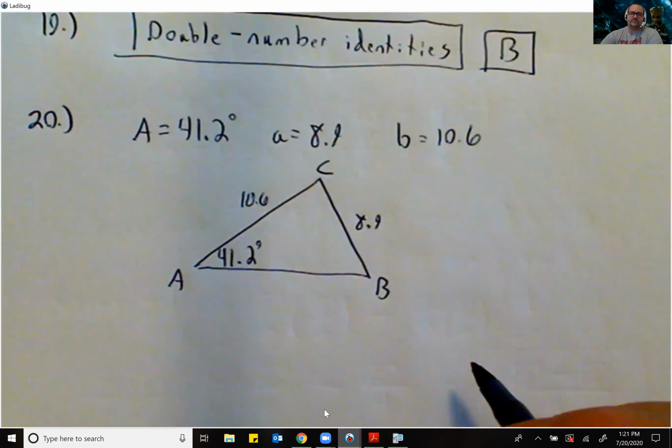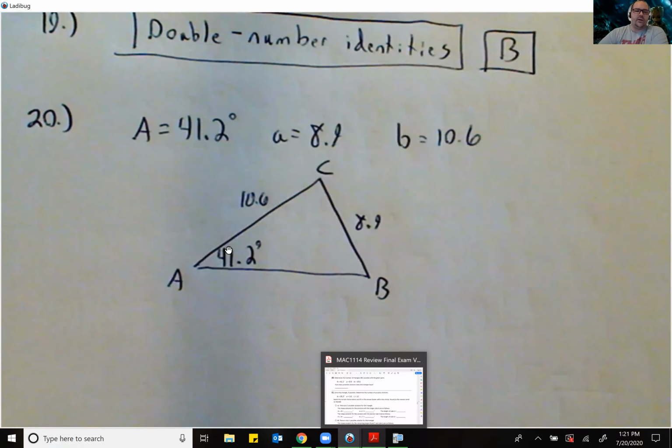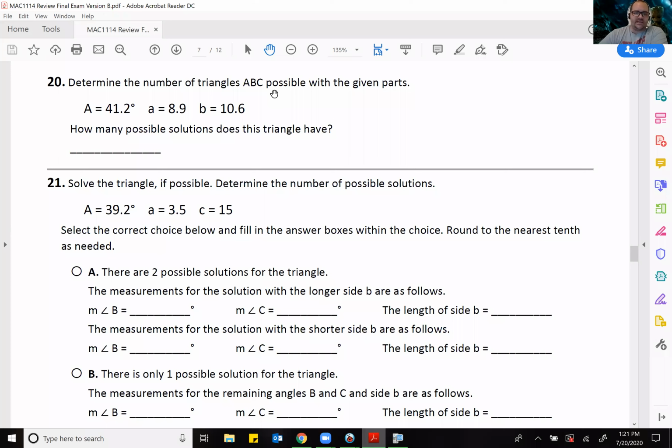So the question is, they want to know how many triangles exist. And I don't really like it how it says down here, how many solutions does the triangle have? Because really what they're getting at is they want to know how many triangles are there, not solutions. Solutions would be talking about all the angles and all the sides.